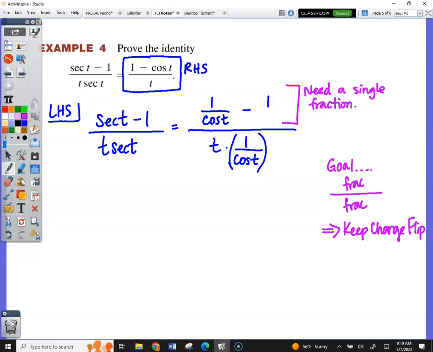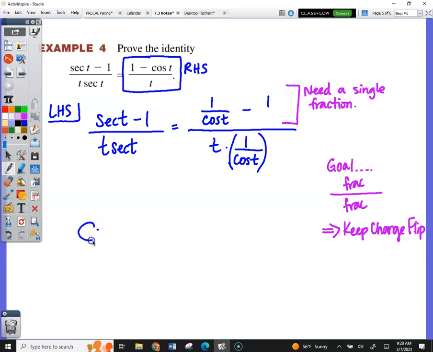Well, it's really simple to see what the denominator needs to be. It needs to be what? Cosine. So I'm going to change the 1, right? Anytime you have the number 1, you don't really have to multiply it by anything. You could just rewrite the 1 as what you needed it to be. We need it to be cosine, so we're going to rewrite it as cosine over cosine.